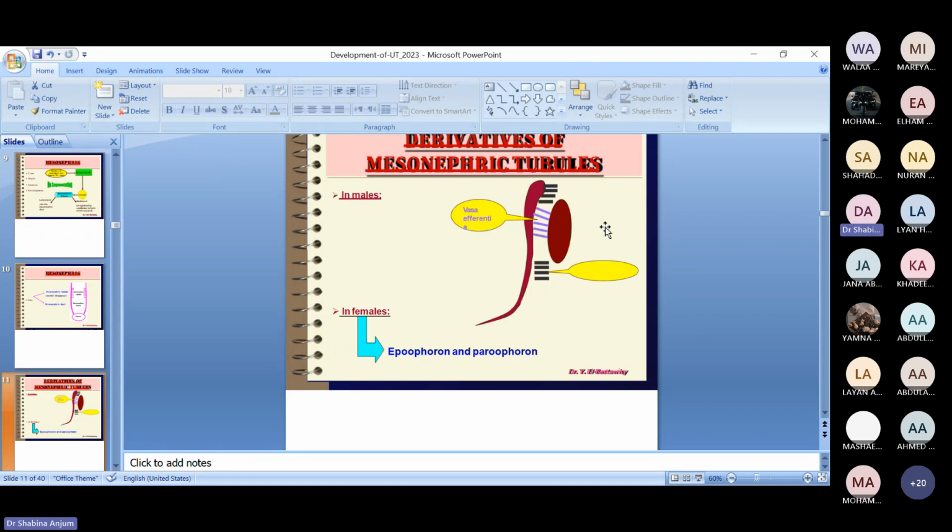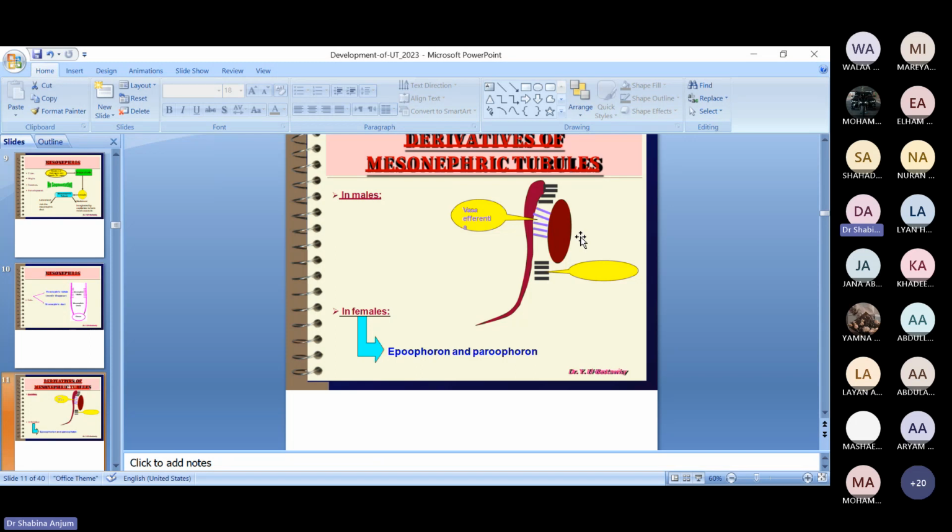Okay, so you can see, what is this? This is the testes. This will form not only the urinary system but also the genital system, the urogenital system. So maybe the genital system you have already studied in the life cycle, so we will not go into detail, but we can see here the mesonephric tubules, okay, which are remaining.